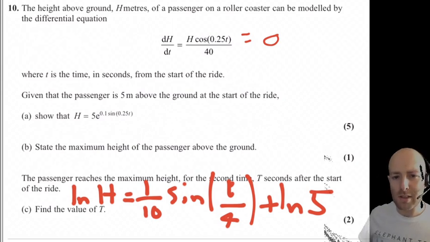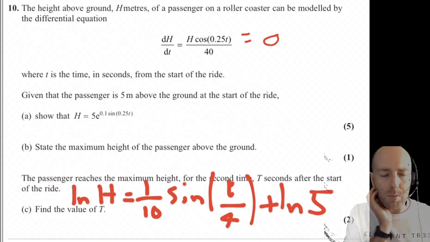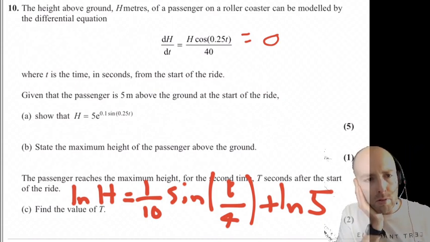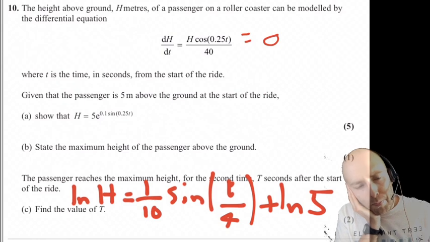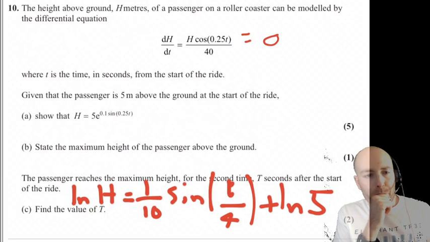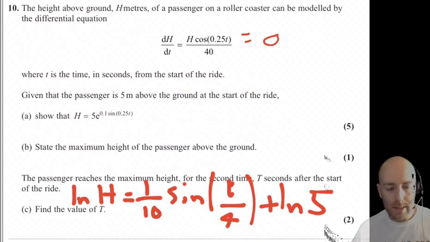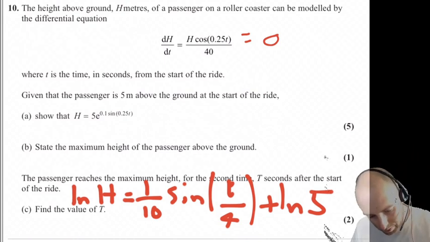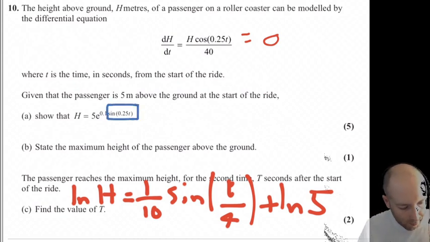There's a couple ways we could do this actually. It's going to be the maximum of the exponential graph there. So let's think. The biggest that sine can be is 1.